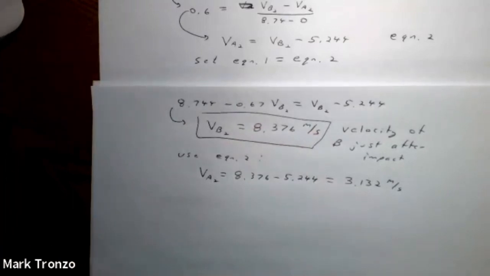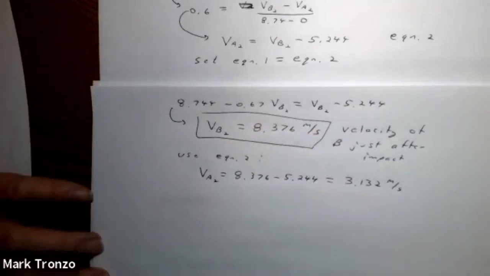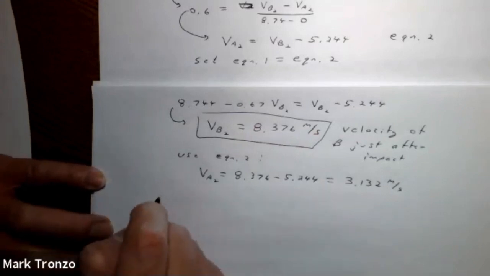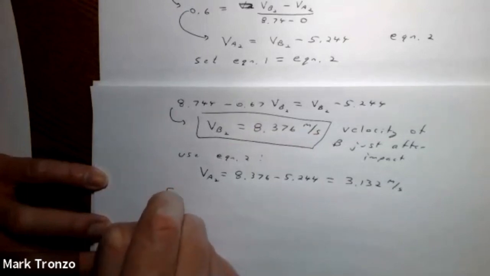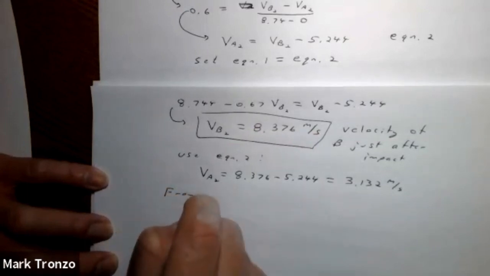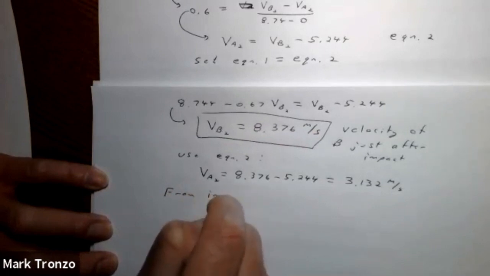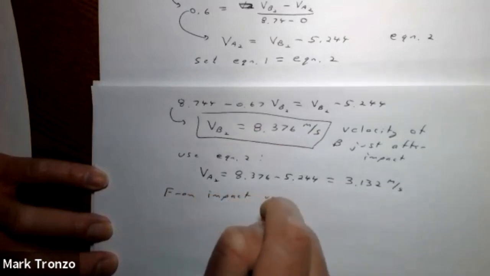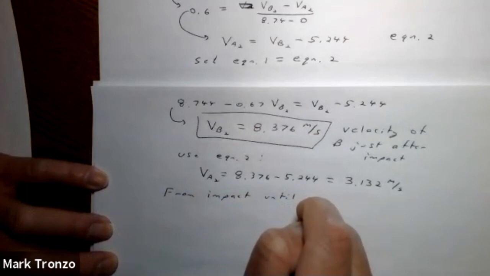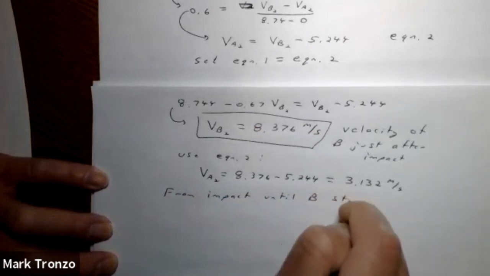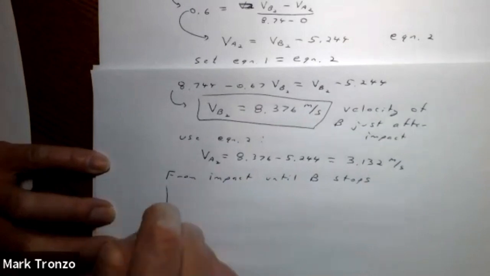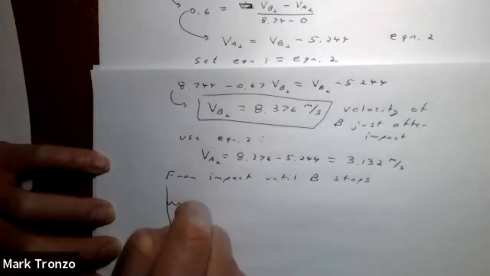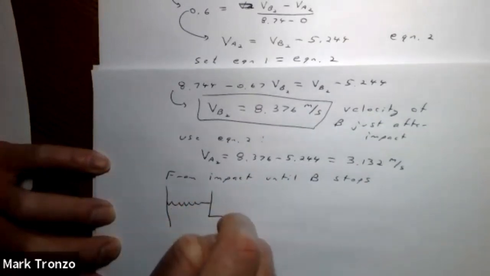So now we have B moving to the left, so it's going to start to compress the spring. So this time we go from impact until B stops. Just to get an idea what we have, we have a picture like this.